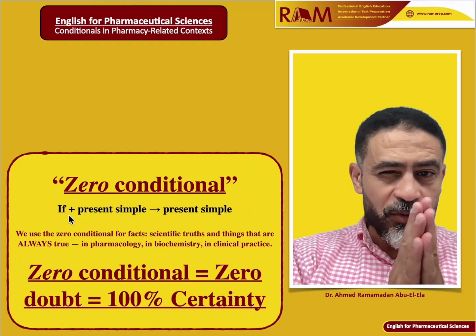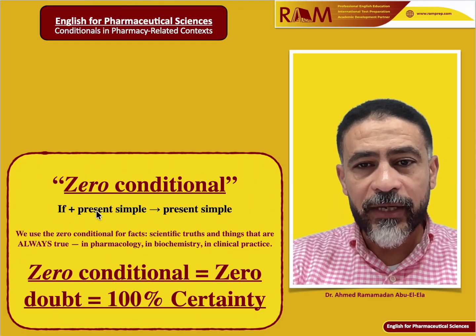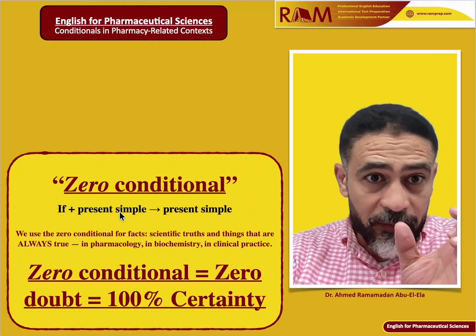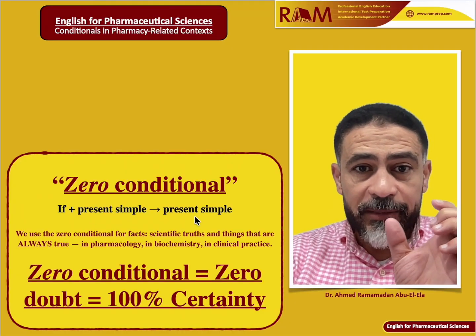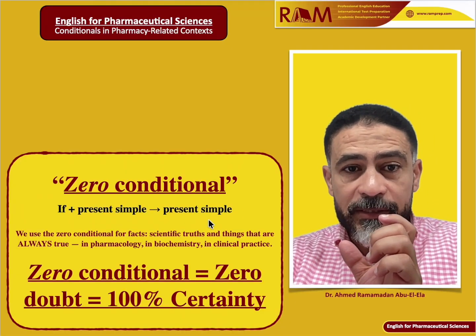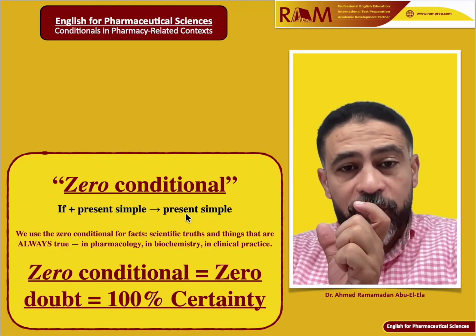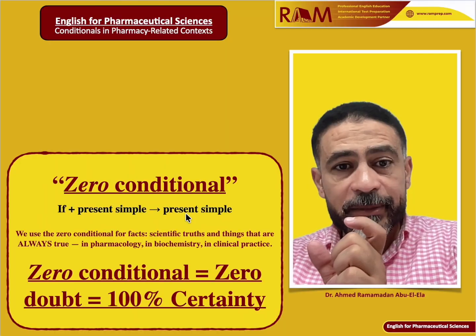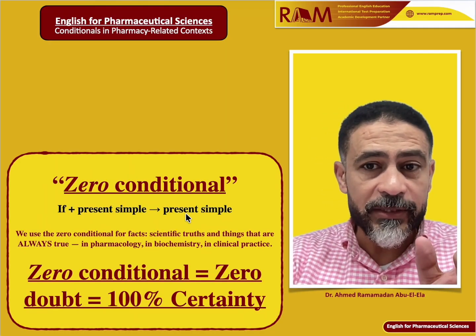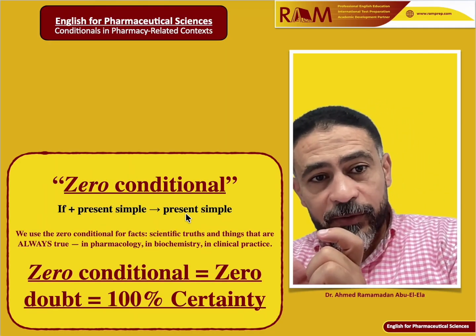The cause comes with if. So the if part of the sentence, including the cause, comes with present simple, and the effect part of the sentence, which is far from the if, you use present simple. The cause comes in the present simple, and the effect comes in the present simple.